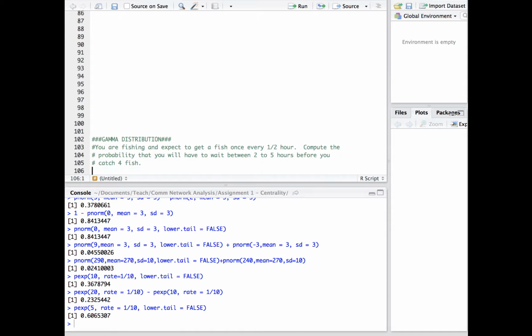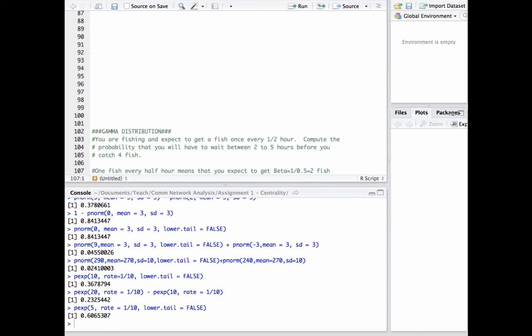Let's look at the parameters here. 1 fish every half hour means that you expect to get 1 over half an hour, or 2 fish an hour, and that becomes your beta parameter in the gamma distribution. It's how many fish you expect to get in this hour.